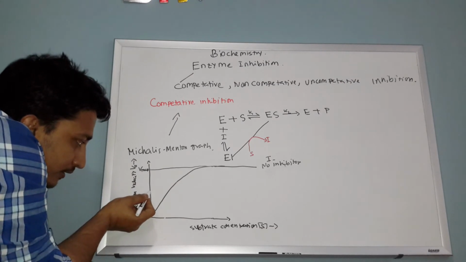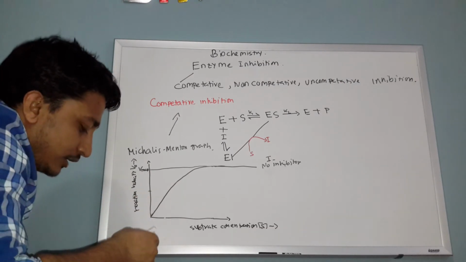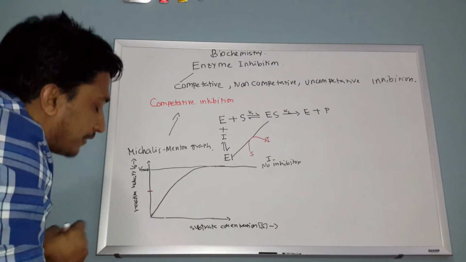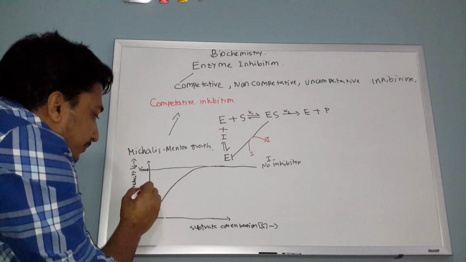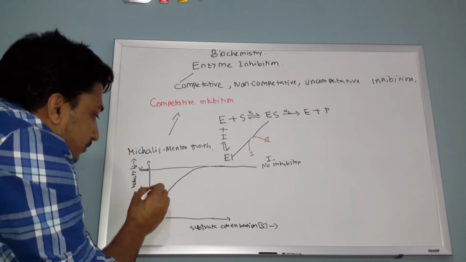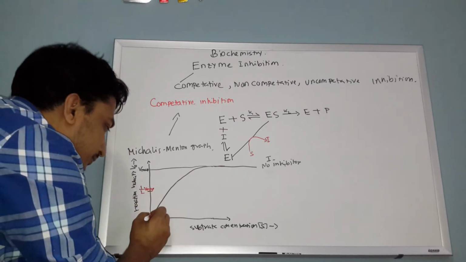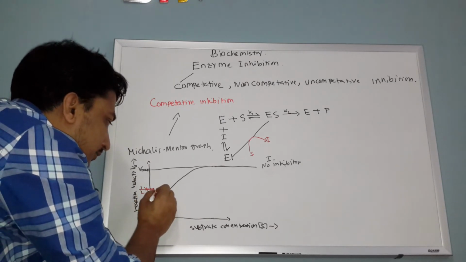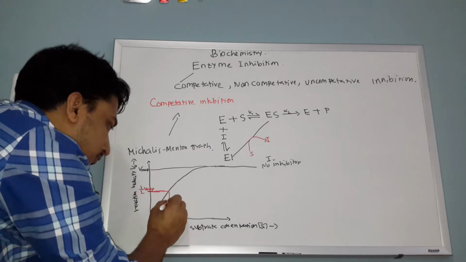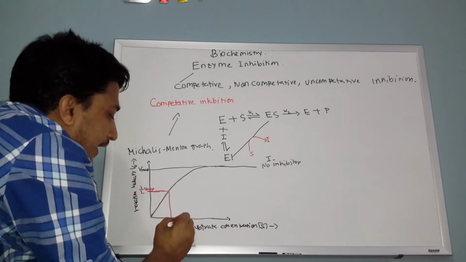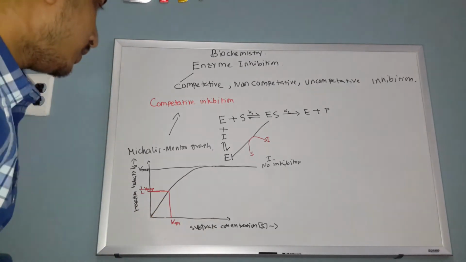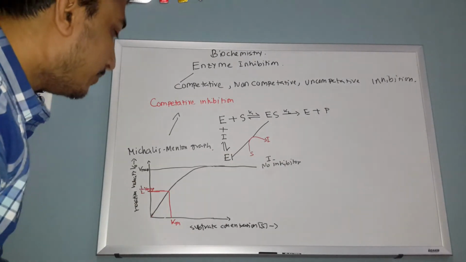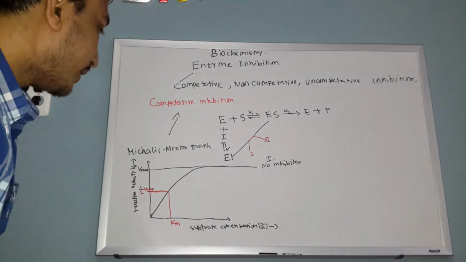Half is going to be around in here. So this is your half Vmax, and this is your Km. This one is no inhibitor.